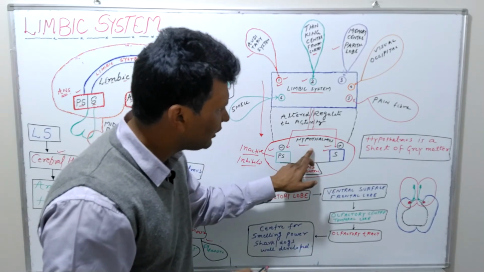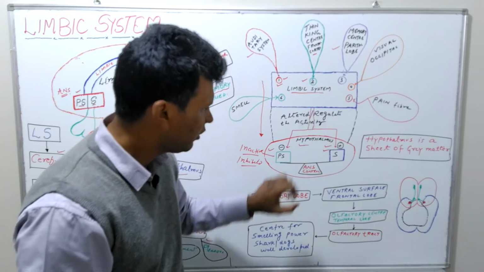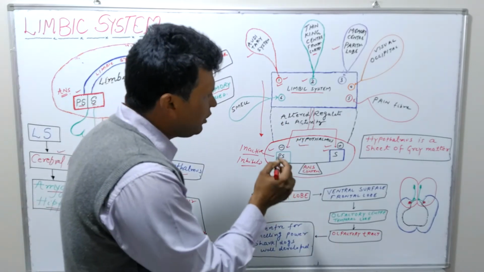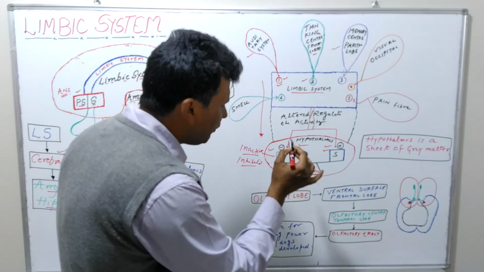And what is the hypothalamus? The hypothalamus is a sheet of gray matter connected with your limbic system. So what is the limbic system?